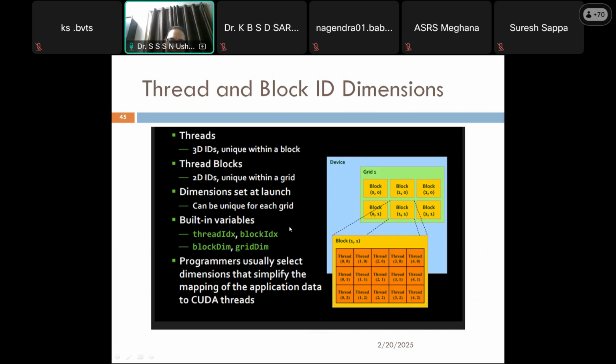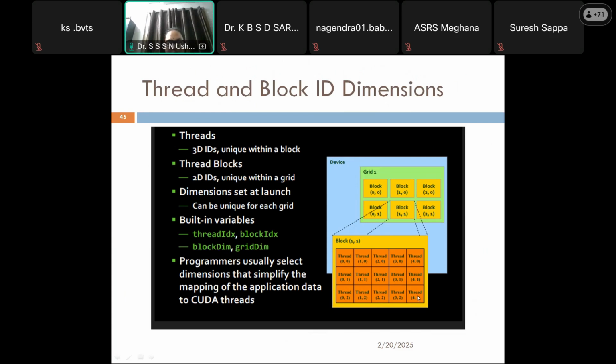Each thread is going to have its own ID, because as per the operating system definitions, every thread has its own unique ID to identify it. That's why thread ID. Similarly, block ID and grid ID also exist. Can you guess what a block dimension is? Block dimension depends on the number of threads running in the block.